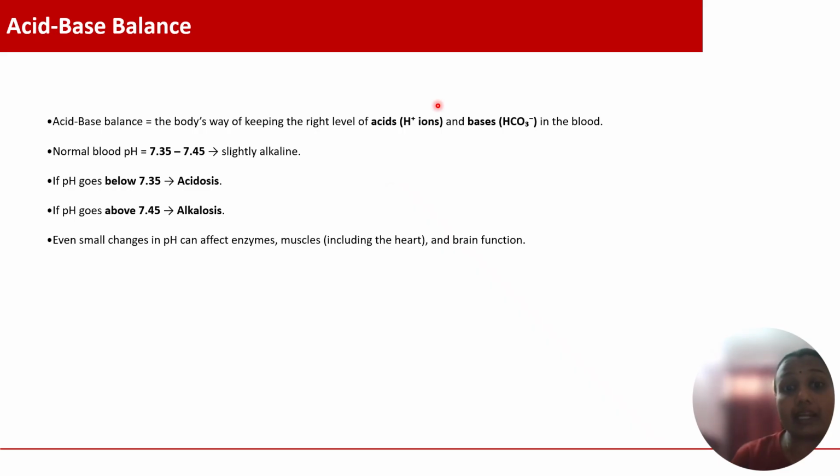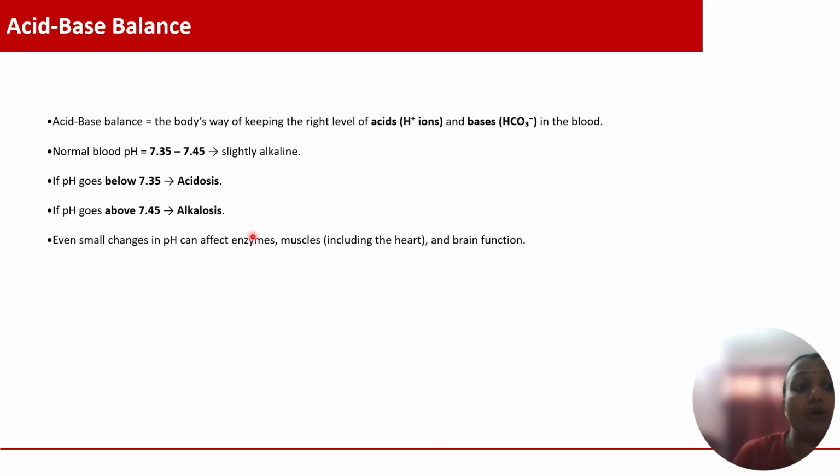Think that our lungs are controlling the carbon dioxide, as well as our kidneys are controlling the bicarbonate. So if the carbon dioxide and the bicarbonate levels are normal, then we can say that the ABG is normal.